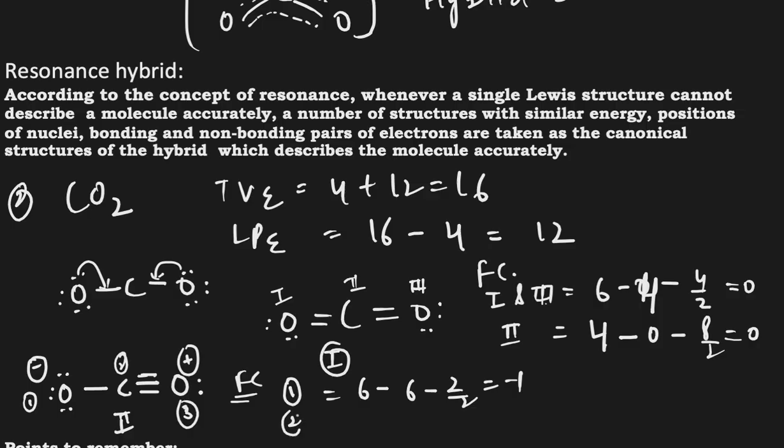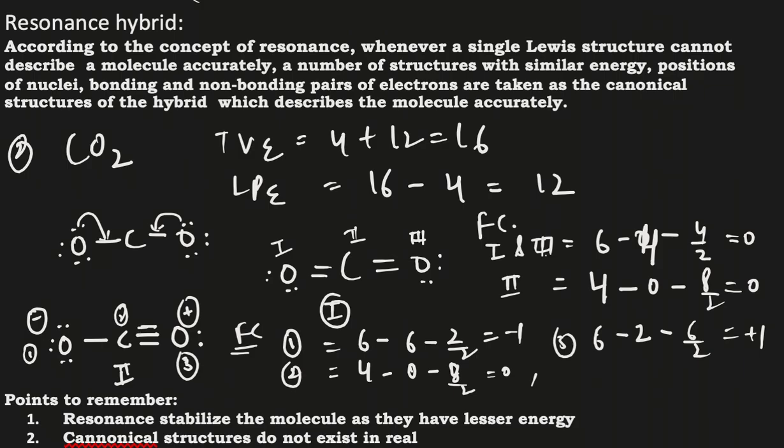In case of carbon, it will be 4 minus 0 minus 8 by 2. Again 0. What about the third atom? The third oxygen, the formal charge in this case would be 6 minus 2 minus 6 by 2, right? So this will be plus 1. So this will have plus charge, this will have 0 charge, this will have negative charge.